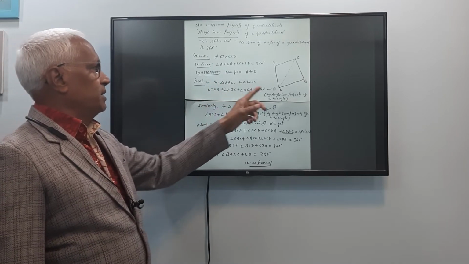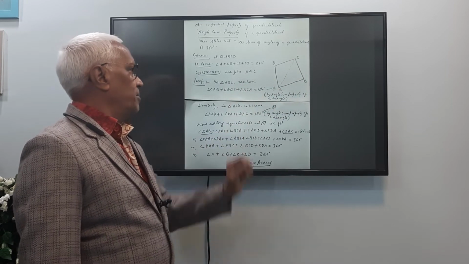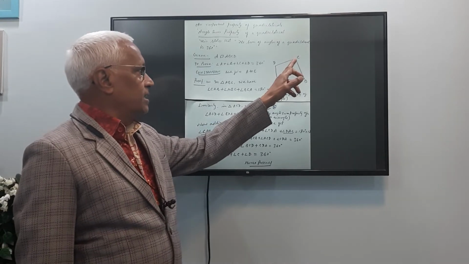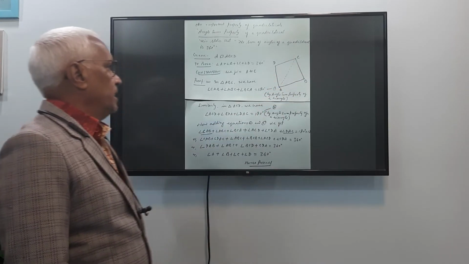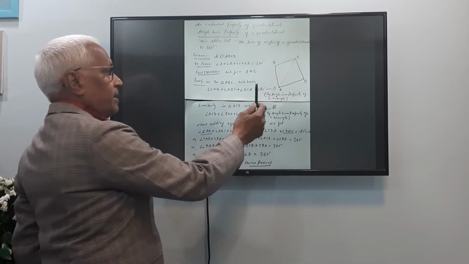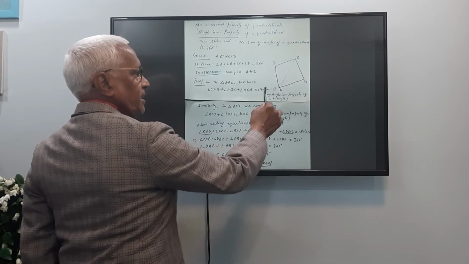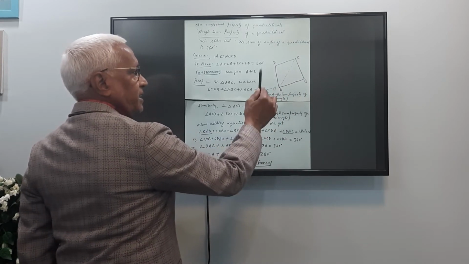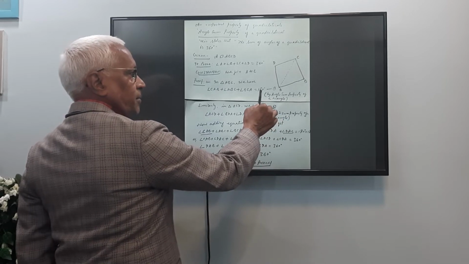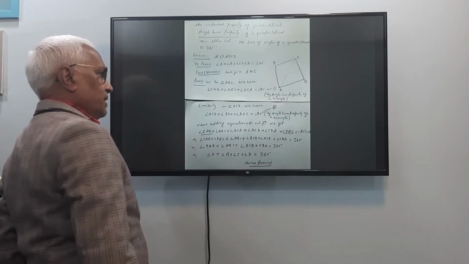In triangle ABC, we have angle CAB plus angle ABC plus angle BCA is equal to 180 degrees. Equation number 1, and this holds due to the angle sum property of a triangle.